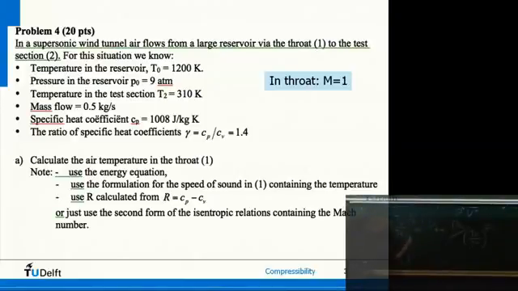So this is from A to the power 1 over gamma minus 1, so that is 1.4 minus 1. And then we find 1.674 kilograms per meters to the third.